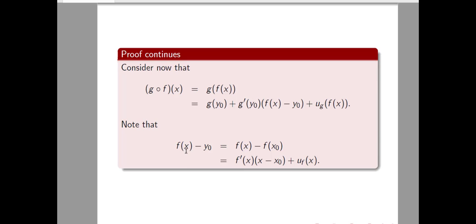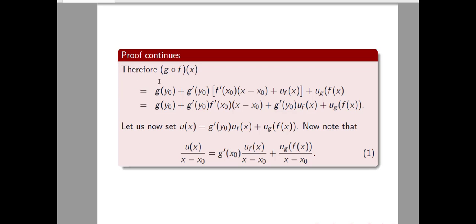Note that f of x minus y naught is equal to f of x minus f of x naught, which is equal to f prime of x naught times x minus x naught plus u sub f of x. Okay.